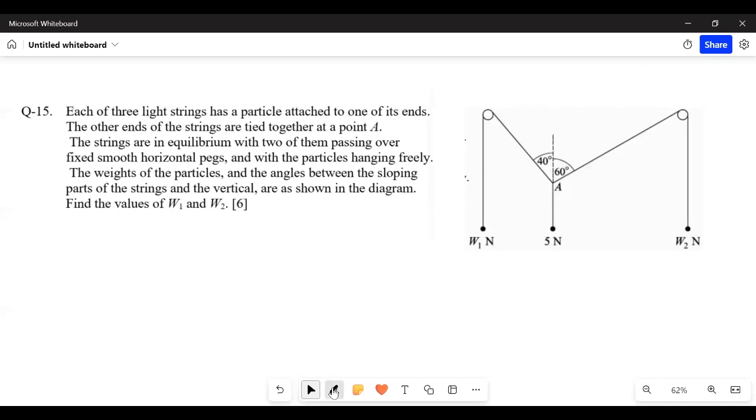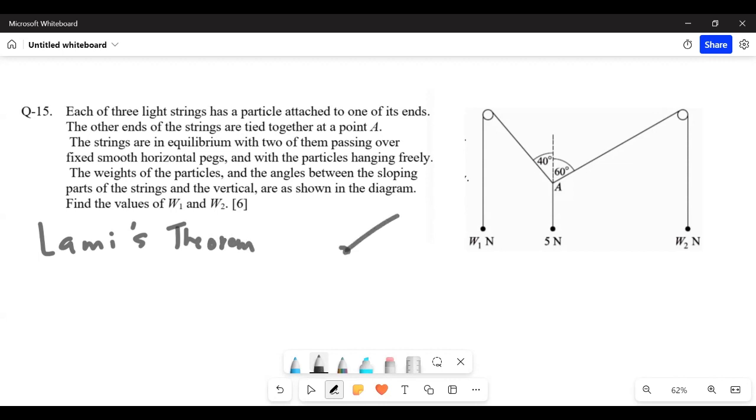This theorem says, let me recap that. Lemmy's theorem. It says that if you have three forces emerging from the same point, let's say F1, F2, and F3, and then you have angles opposite to the forces.